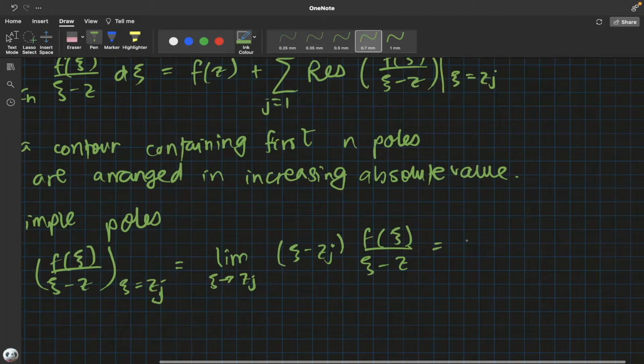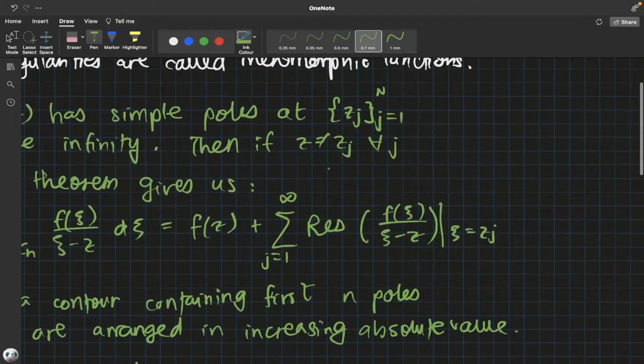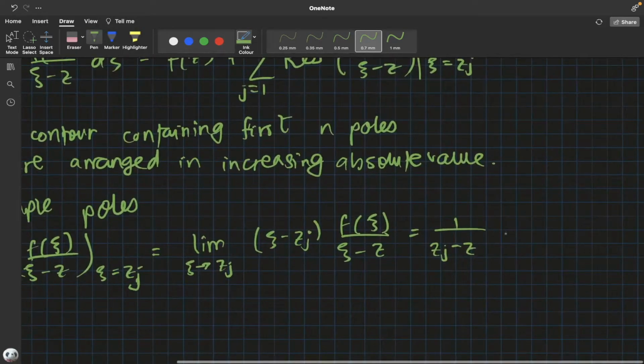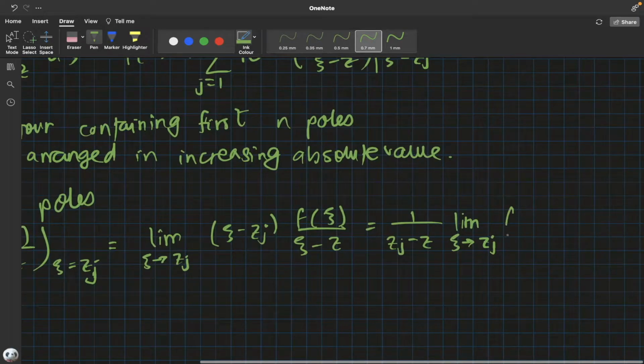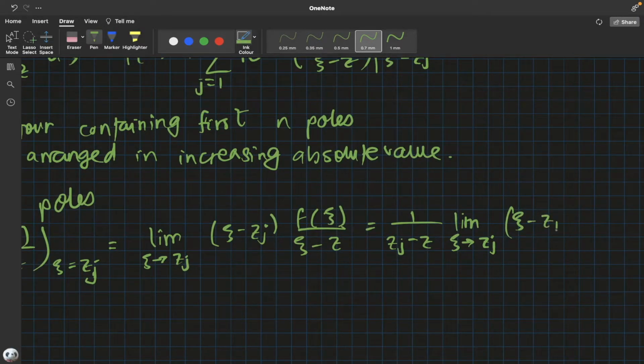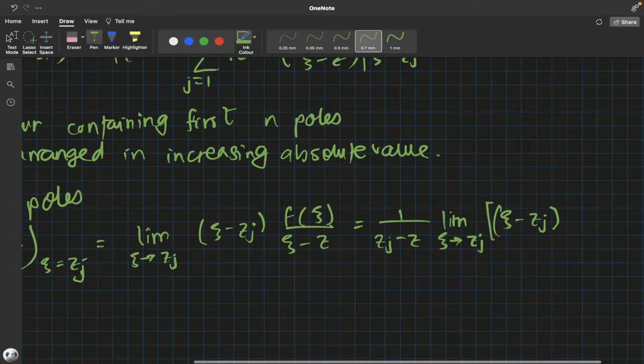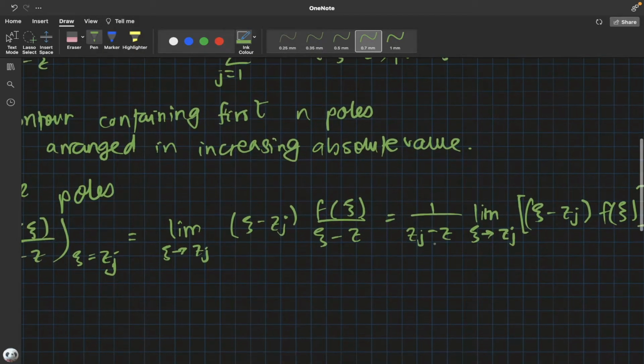So what this gives you is 1 over z_j minus z, because again this is not 0 because of this condition here, and the limit as c goes to z_j of c minus z_j times f of c. That's the residue.